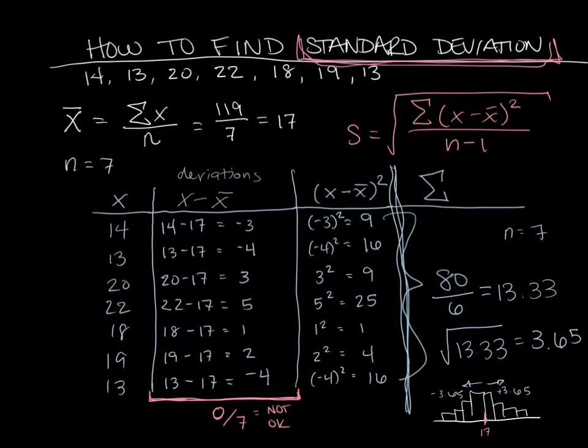So if I take 17 minus 3.65, I get really close to between 14 and 13. And then if I take 17 and I add 3.65, I get really close to that 20, 22 data point that we have. So it makes sense that on average, that's where our data lies, because that's what most of our data looks like, because we have 14, 13, 20, 22, 18, 19, and 13.